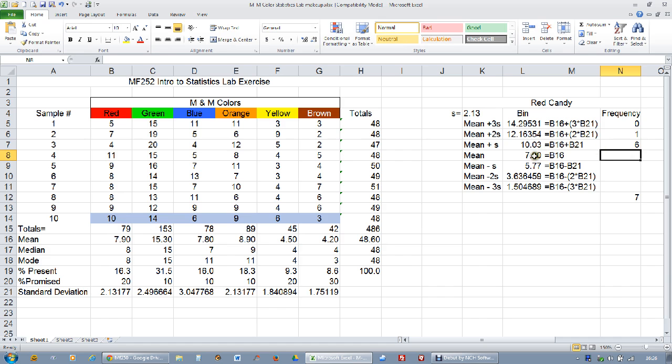Now the next bin, less than or equal to 7.9 and greater than 5.77. So we have 1 in there. One occurrence. Less than or equal to 5.77 and greater than 3.63, so 1, 2.